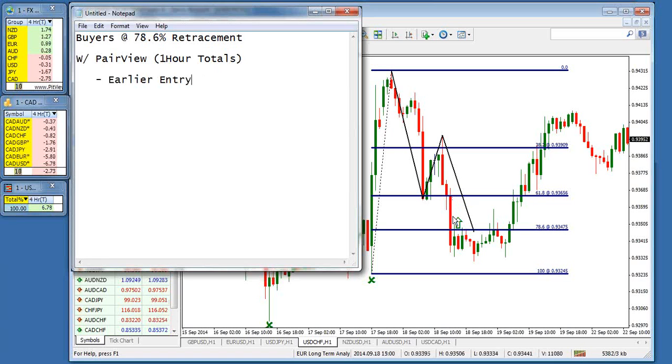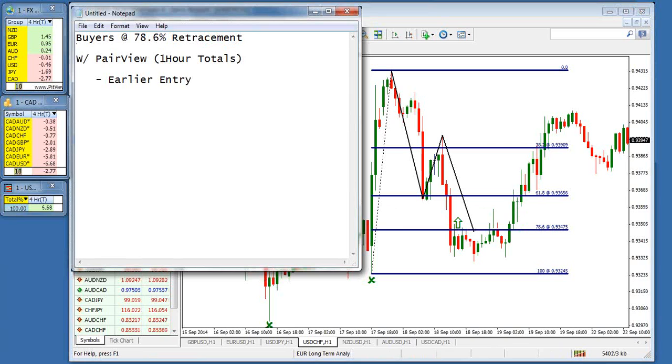Because sometimes when this comes down near the 78.6, it won't actually touch it. So if we're looking to be buyers when it touches the 78.6 level or makes a touch and a bounce off the 78.6, oftentimes the move occurs before we actually enter into the trade. So we get a large move up, even though it doesn't hit the 78.6 level.